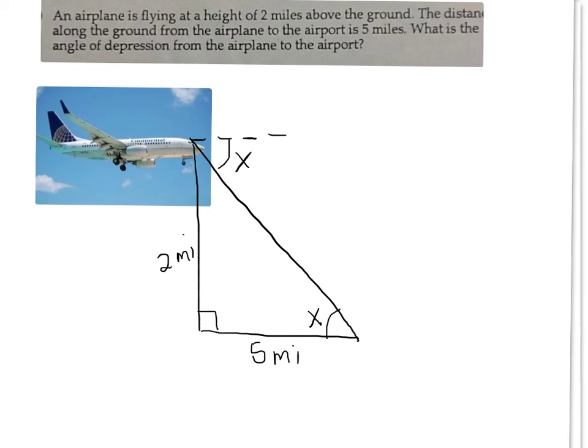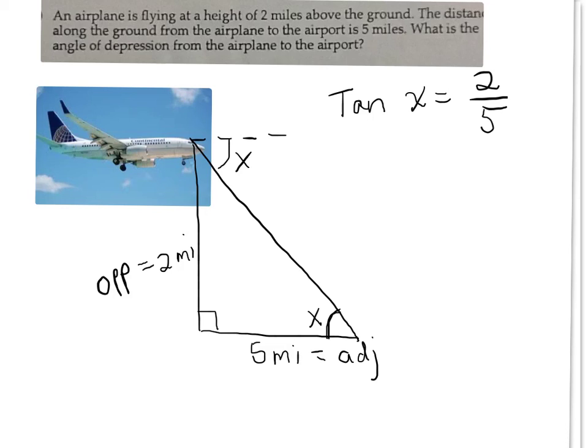So now, since we are finding angle of elevation, we know that this is the adjacent side to this angle x, and that this is the opposite side. So we're going to use tangent again. So tangent of angle x is equal to the opposite side, 2, over the adjacent side.